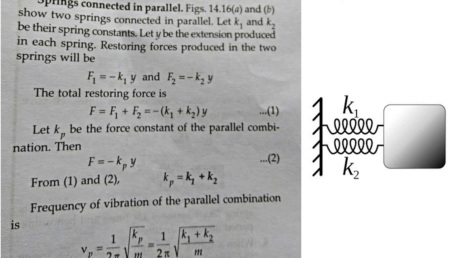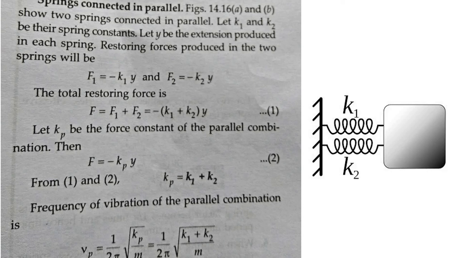If we replace these two springs with a single spring, and the extension is y itself, we can write F is equal to minus kp into y. Kp stands for the effective spring constant in the parallel case, that is given by k1 plus k2. Okay, is it clear?